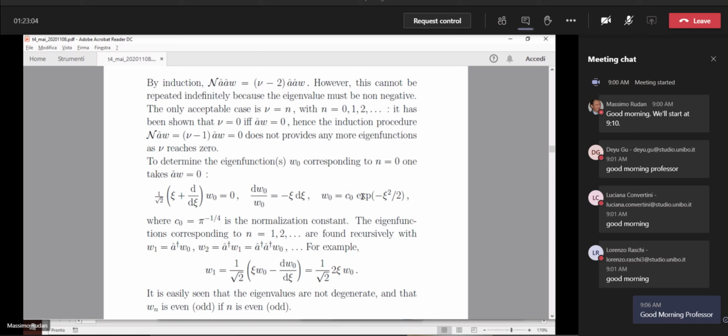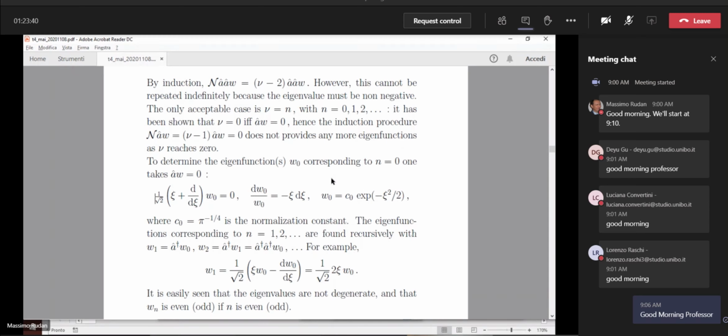And apart from this constant, this is the eigenfunction of order 0 of the number operator, but as you remember, it is also an eigenfunction of the Hamiltonian, okay? How do we find the constant C0? Simply by imposing the normalization. So we take the square of W, and then we integrate it over the real axis, and then we impose that this integral is equal to 1.